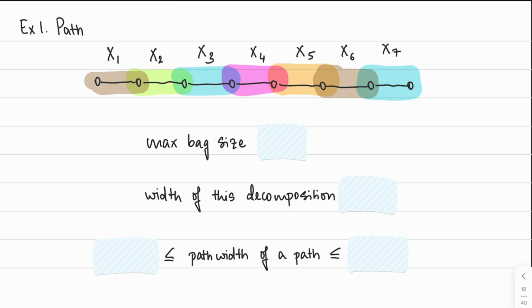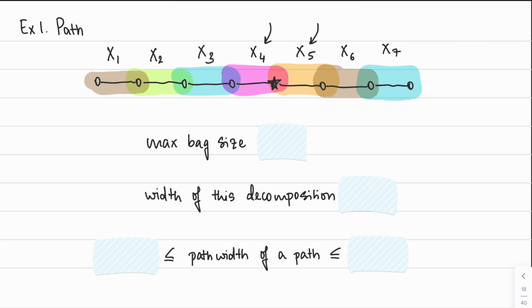So if you pick any vertex you like, for example this one, that's going to appear in 2 bags, x4 and x5 in this example. And those 2 bags are necessarily consecutive just by construction. So this is a valid path decomposition. It has 2 vertices per bag.